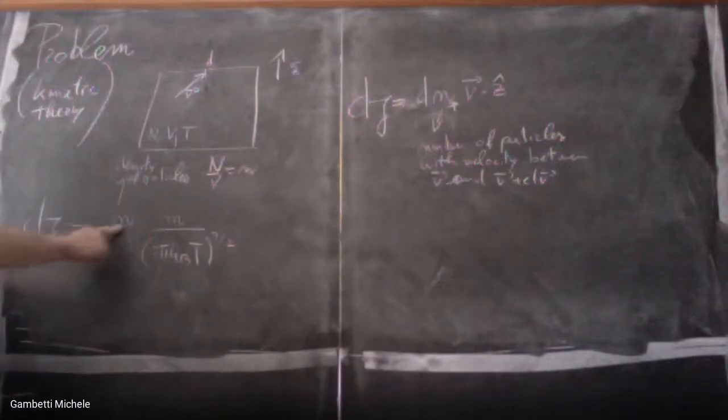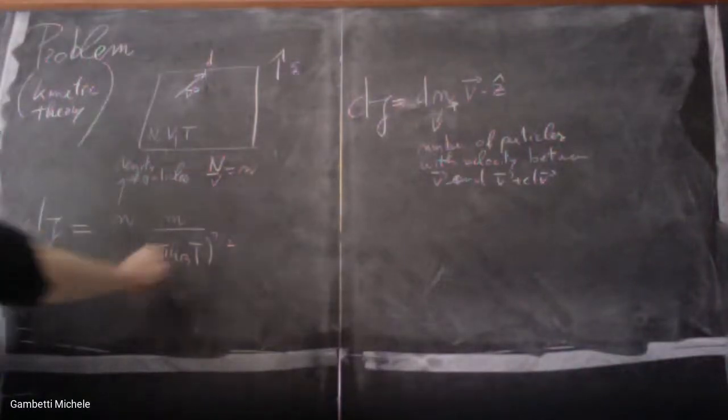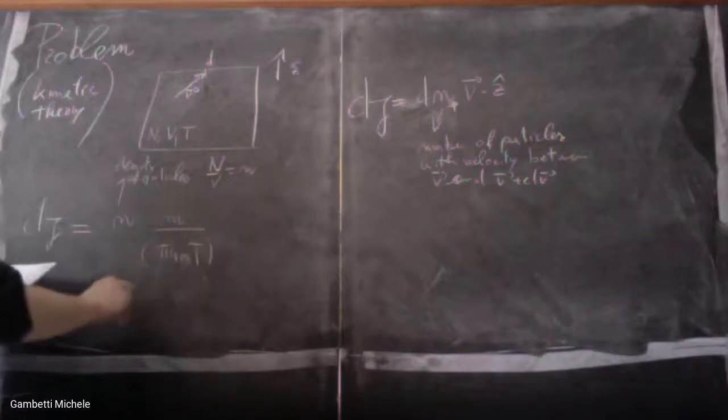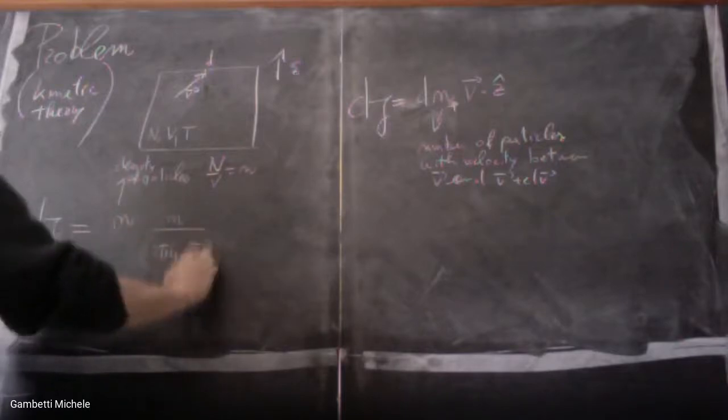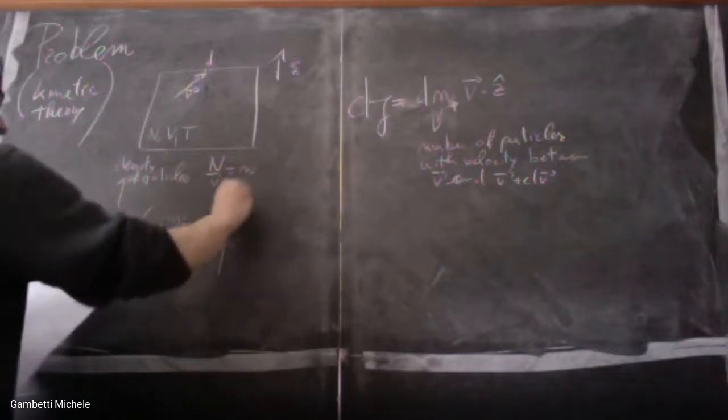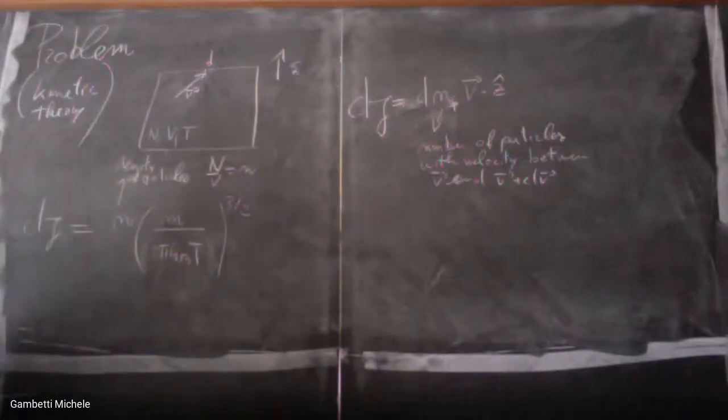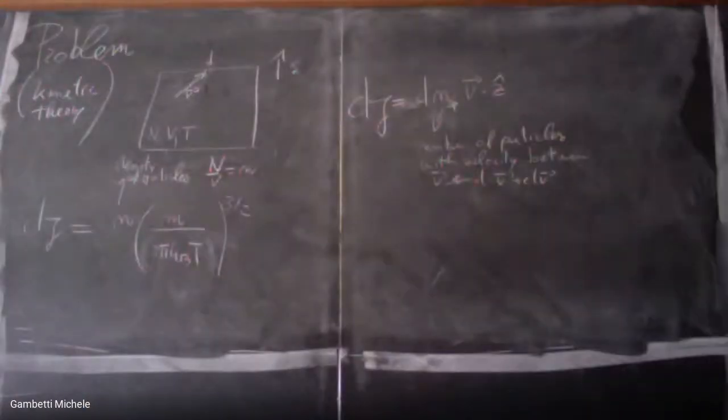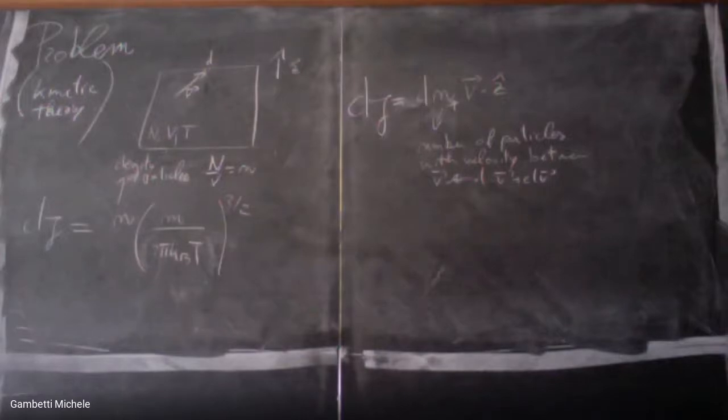So n is the number density. Then I have (m / 2π kBT) to the power of 3/2, which was the previous formula that I have there. So it's m^(3/2) divided by (kBT)^(3/2). Okay.